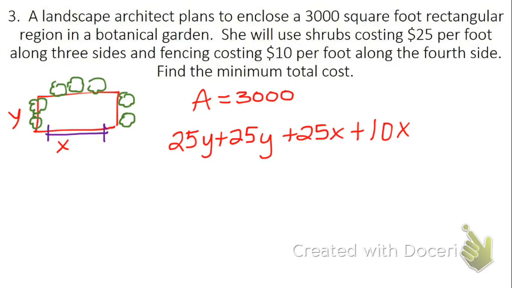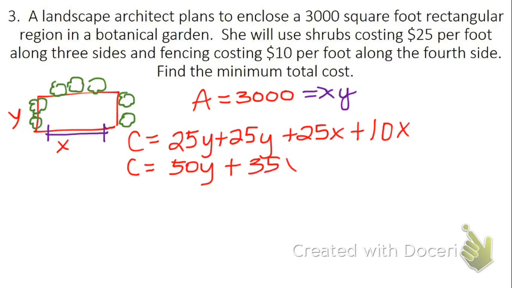And then the problem tells me to find the minimum total cost. So cost is this equation. It's the equation we're trying to find the minimum of. So to go back up here, I know the area is x times y. For cost, I would probably simplify just a little bit, because you can combine those y's and x's and you get 50y plus 35x. So in this equation you can solve for either x or y, whichever one makes more sense to you.